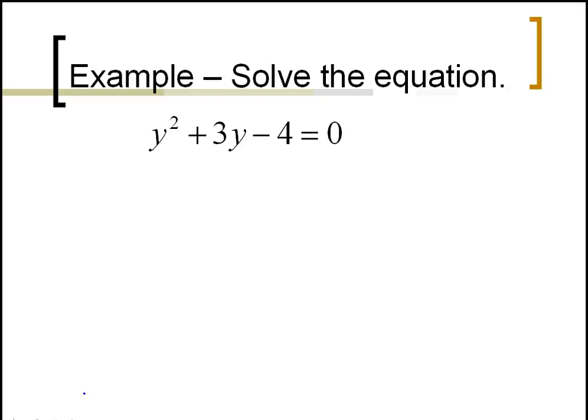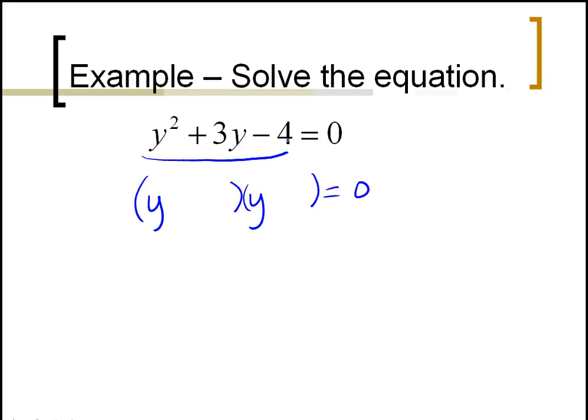Okay, here's one we're going to have to do a little bit more too. It's y squared plus 3y minus 4 is equal to 0. Well, the equation is already in standard form, so what we need to do now is try to factor this trinomial, y squared plus 3y minus 4. And this is a nice one in that the coefficient of y squared is 1, so it suffices to look at, first of all, y squared factors as y and y.